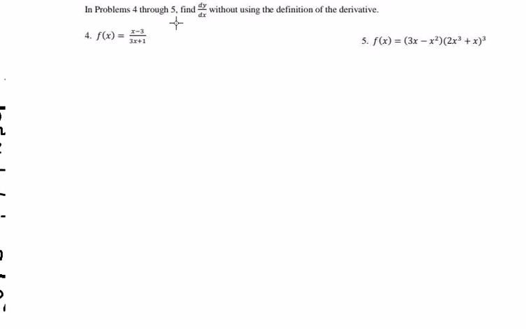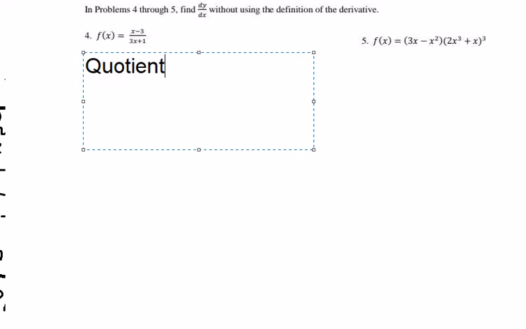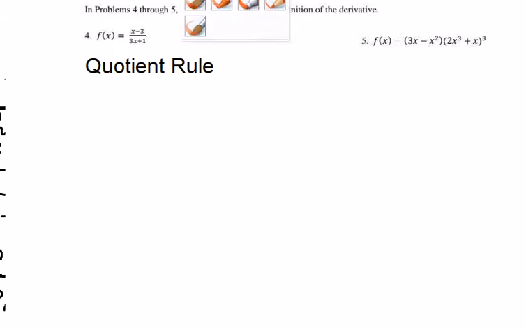Question number 4 and number 5. Find the derivative without using the definition of the derivative. Question number 4, we will apply the quotient rule. So we got about the first derivative of the function.